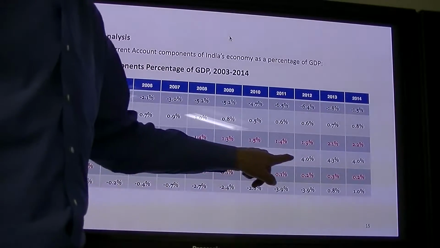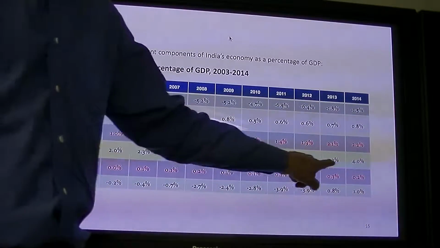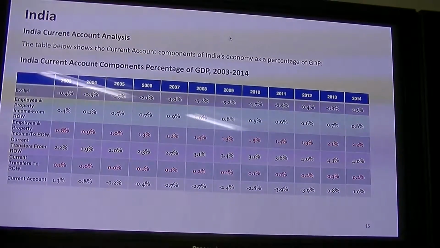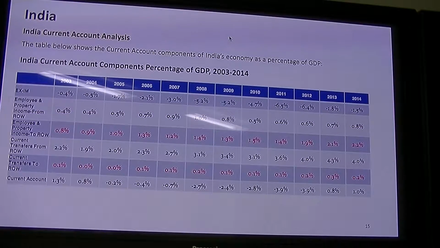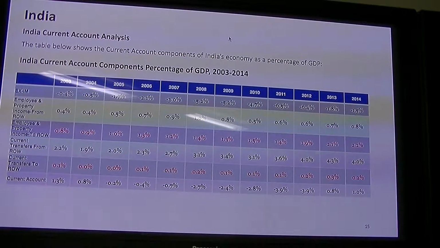Again, an increase in international investment interest in the country, which I suspect, based on what's going on now, as I'll discuss a little bit towards the end of the lecture, I think people are going to start getting excited. International investors are going to start getting very excited about investing in India.